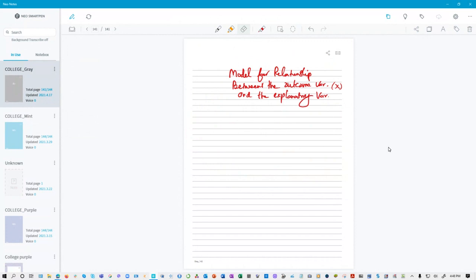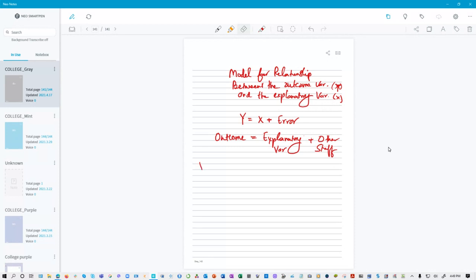This is x, I'm sorry, this is y, this is x. So you're going to say y equals x plus. Another way you're going to say outcome variable equals explanatory variable plus other stuff. We're going to call that other stuff.